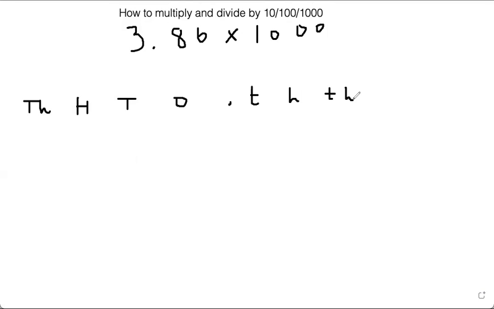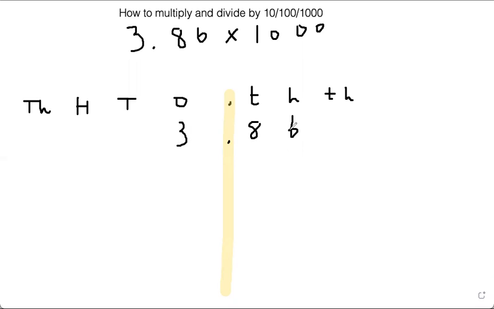Once you've done this, highlight the decimal place column, just to remind you that you shouldn't put any numbers into here because it is a decimal place column, not a place value position. Make sure you put your numbers in the correct place value place: 3.86. Once you've done this, you are ready to start working out the answer.